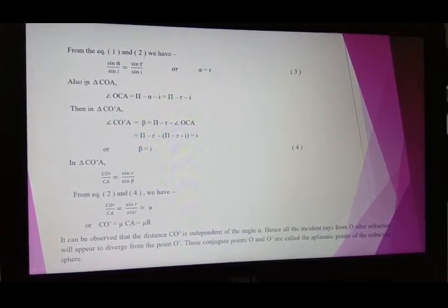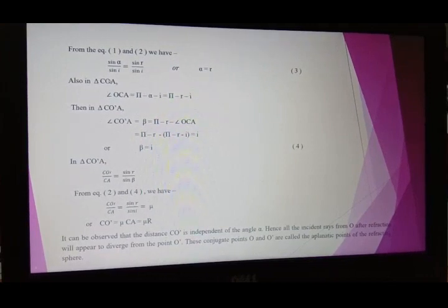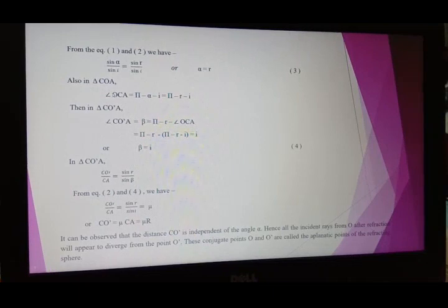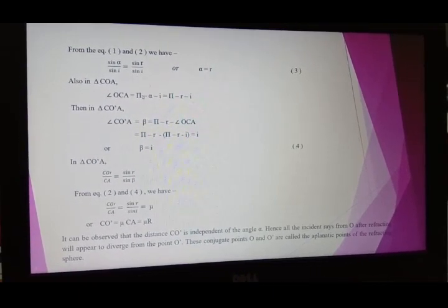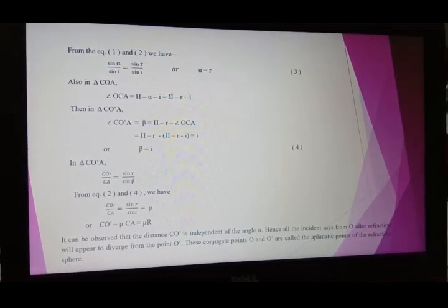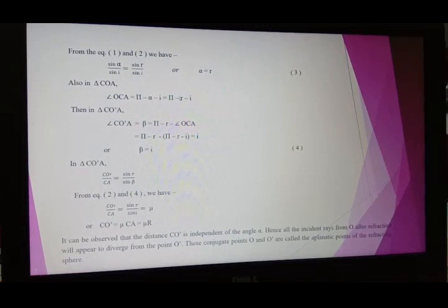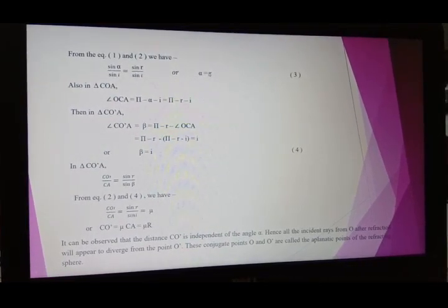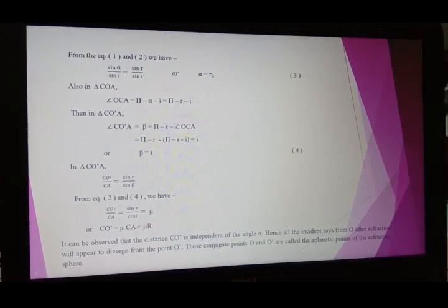Also in triangle COA, angle OCA is equal to pi minus alpha minus i. This is equal to pi minus r minus i, because alpha is equal to r from equation 3.